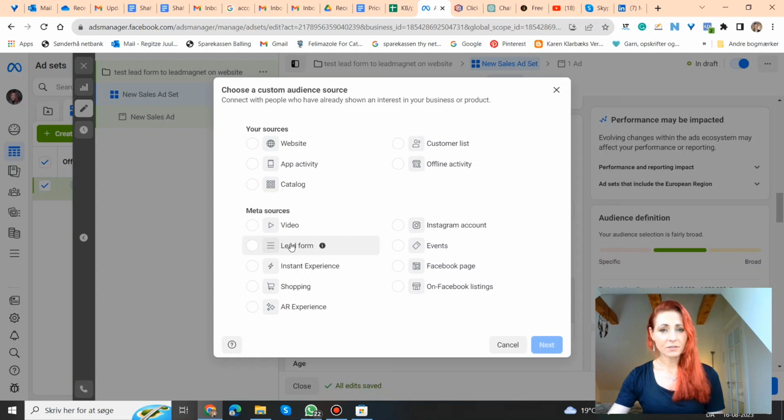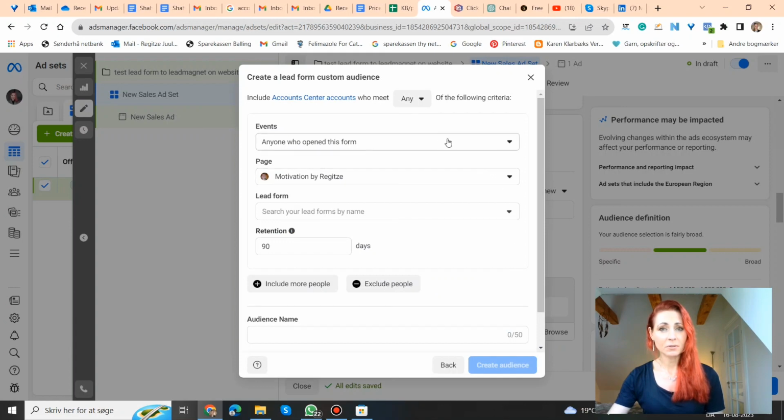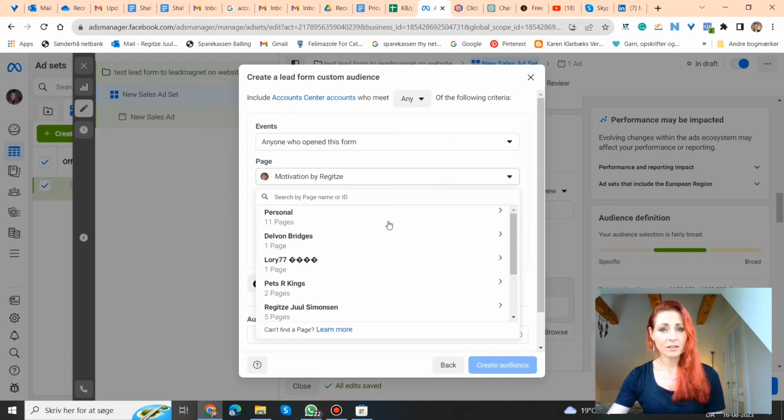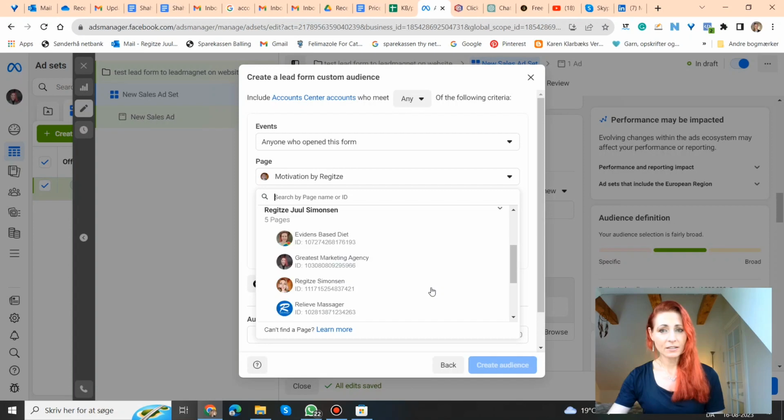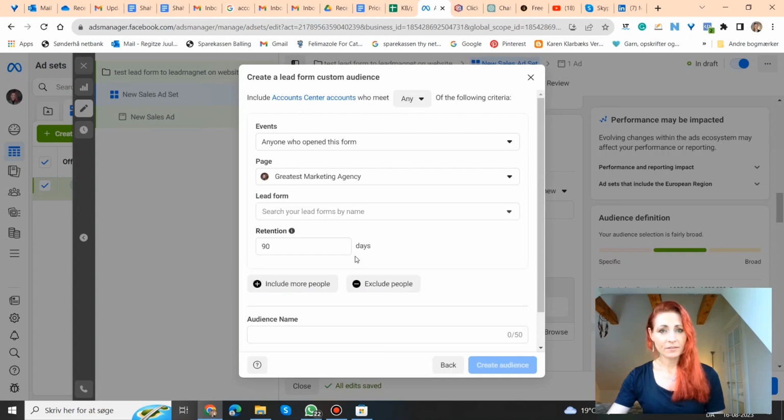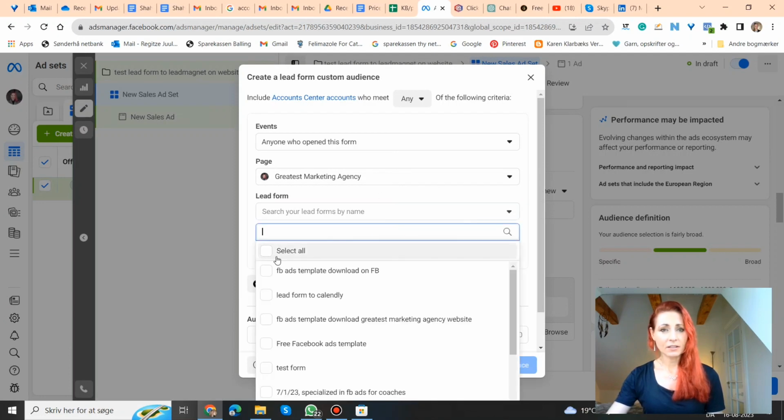You can also target, if you had lead forms already, you can retarget those people who engaged with your lead form. Let's choose the right account again here. And the most is within the last 90 days. And you can target one specific lead form, or you can select all of them.